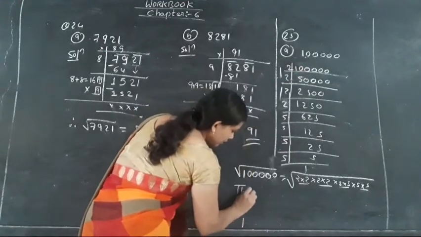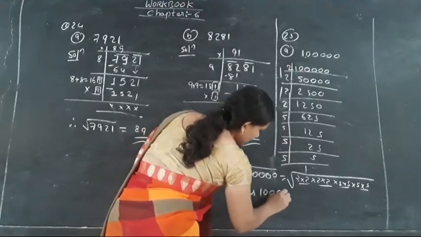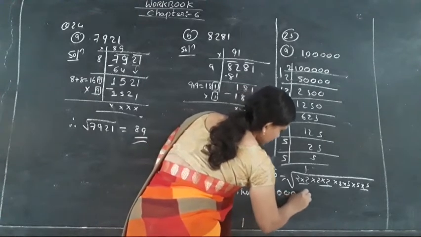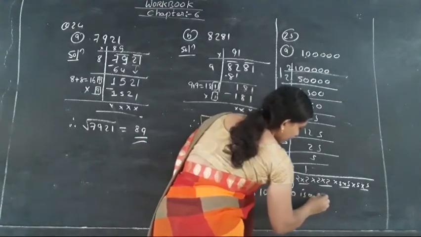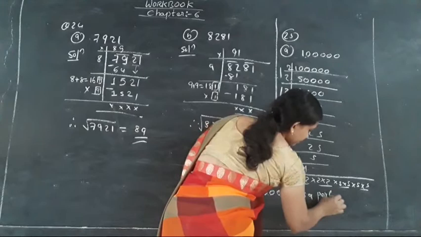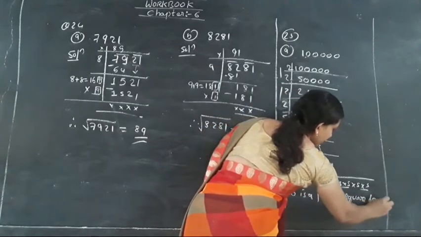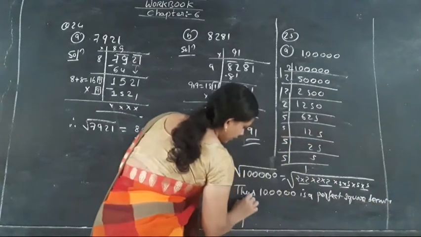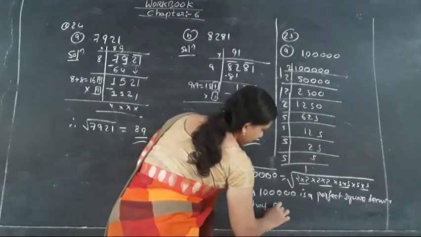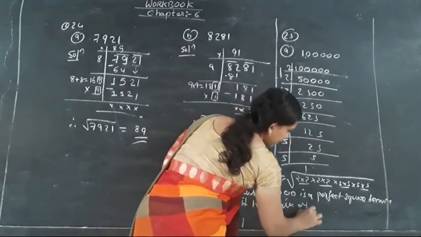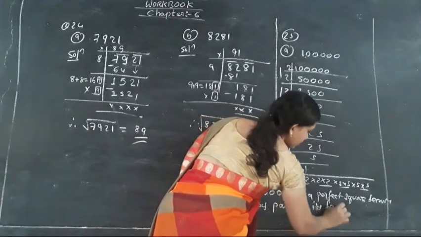Thus this smallest 6 digit number is a perfect square because it has pairs of its factors.